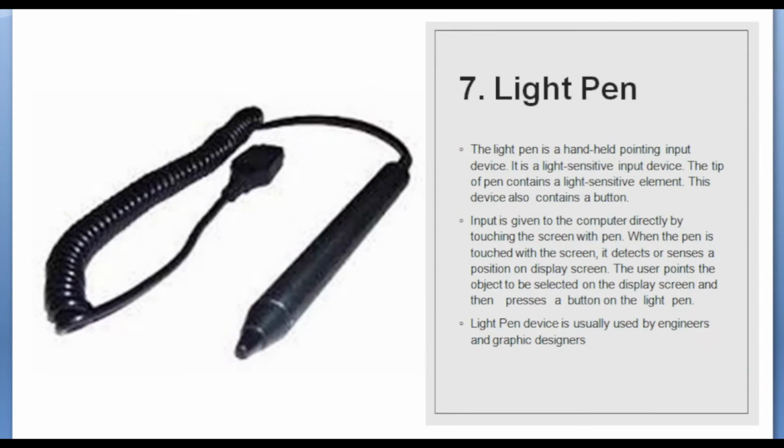Next is light pen. It is a handheld pointing input device. It is a light sensitive input device, and the tip of the pen contains a light sensitive element, and it also contains a button, and this device is very good for drawing purposes.